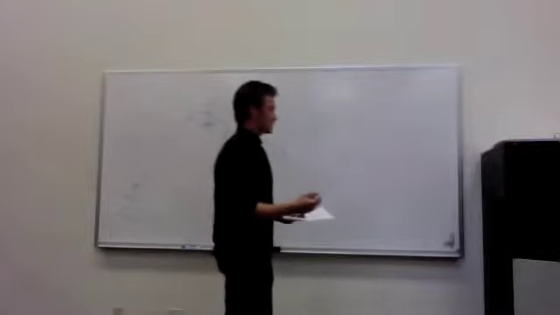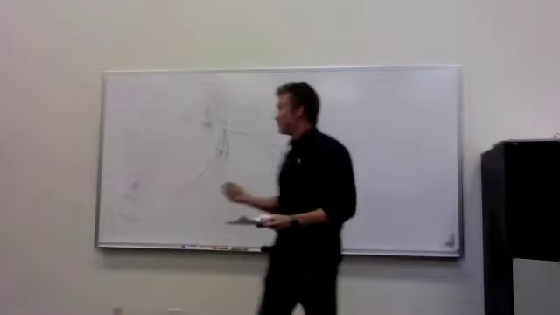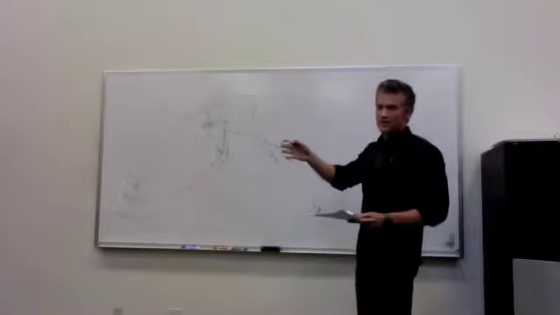What's next is we also want to consider the somatotopic organization of the brain, right? If we take a coronal section of the precentral gyrus, it's going to look something like this.